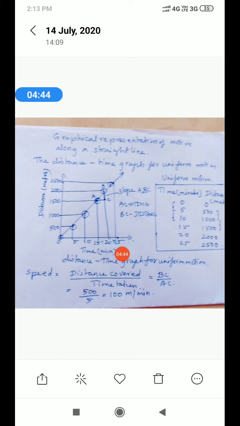So the speed of this diagram, 500 by 5 equals 100 meter per minute. So this is the graphical representation of motion along a straight line. This is for uniform motion.